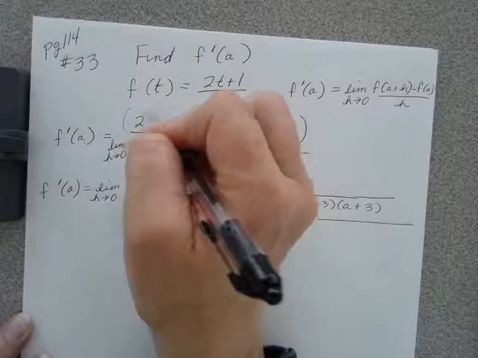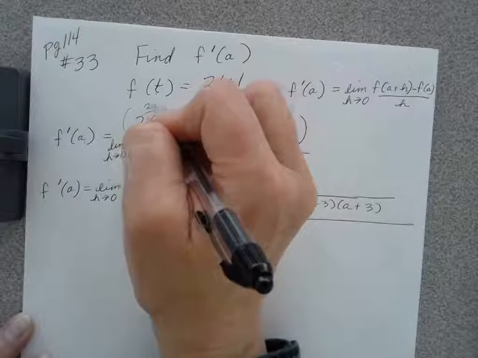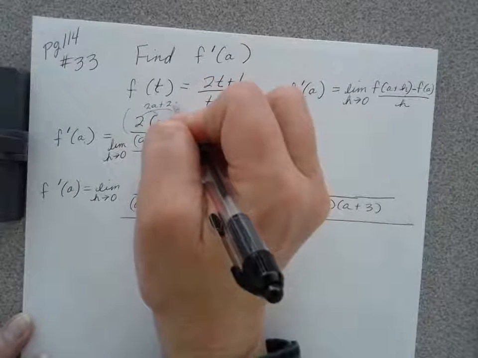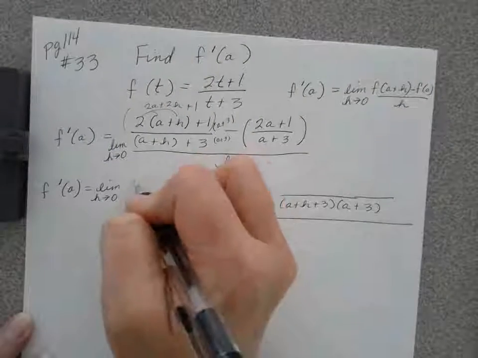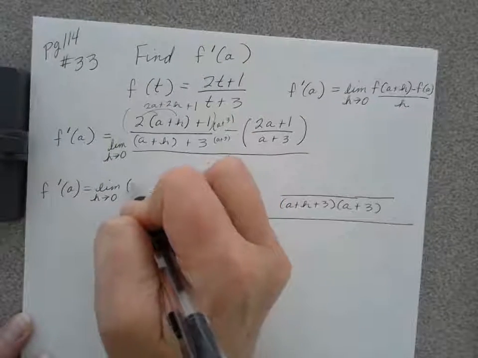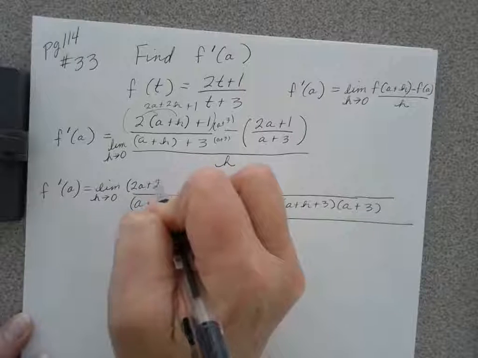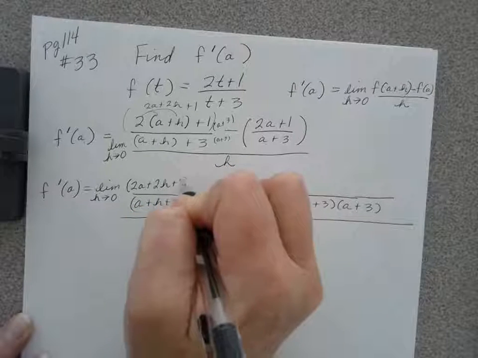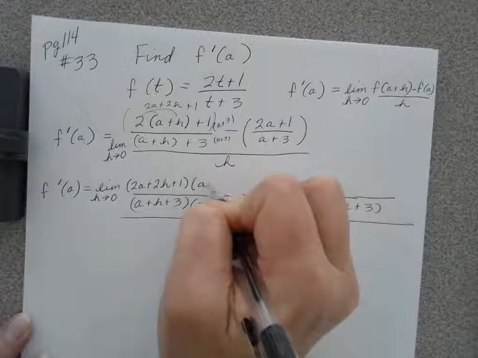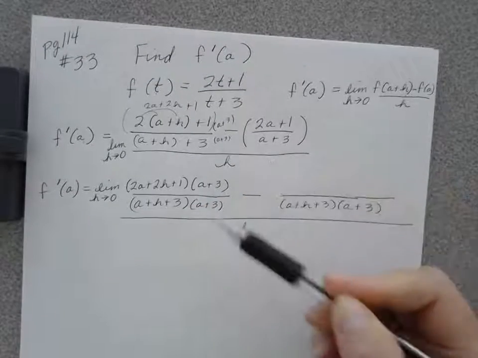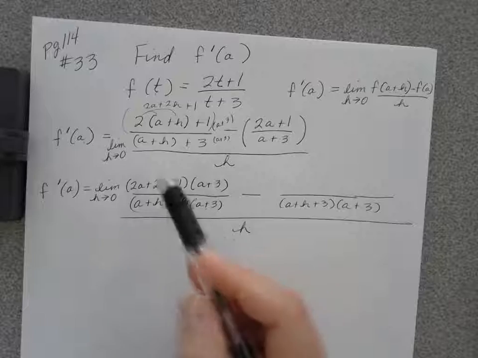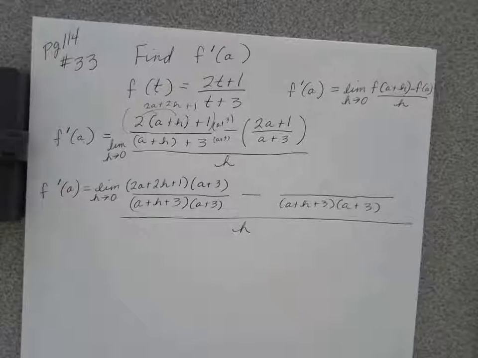So that's going to give me 2a plus 2h plus 1, right? So 2a plus 2h plus 1 times a plus 3. So I had to multiply the numerator and denominator by the same thing in order to get that common denominator.